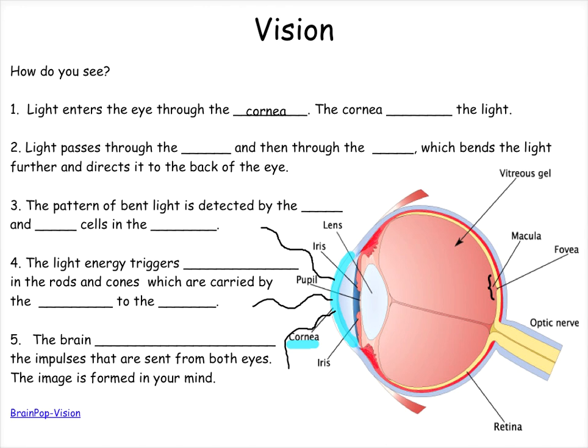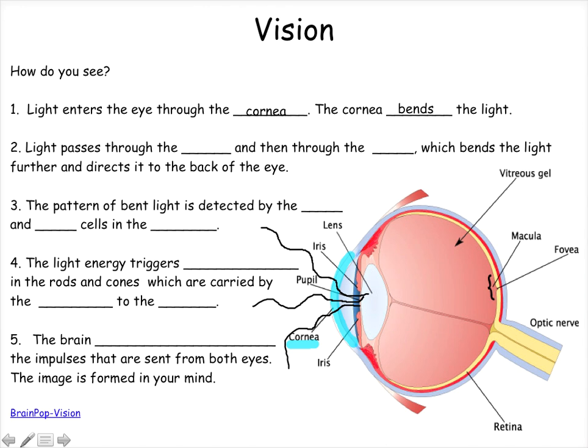These wavelengths of light are bouncing off objects in your environment, and your cornea gathers them and bends them. And it bends them in a really specific way. It bends them so that they go through this hole in the front of the eye.